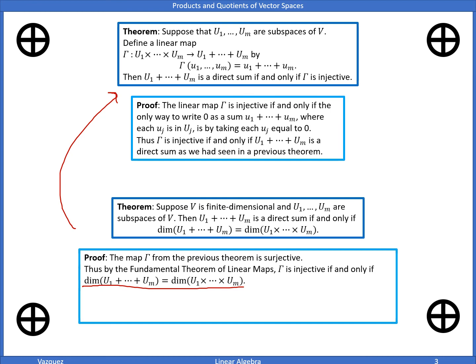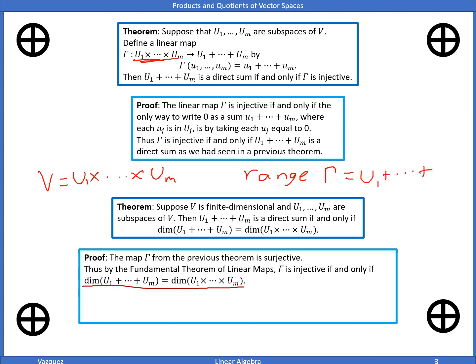Well, to help you see this, if you look up here at the theorem, this here is our space V, right? And what's the range of our mapping? Well, U1 plus dot dot dot UM.